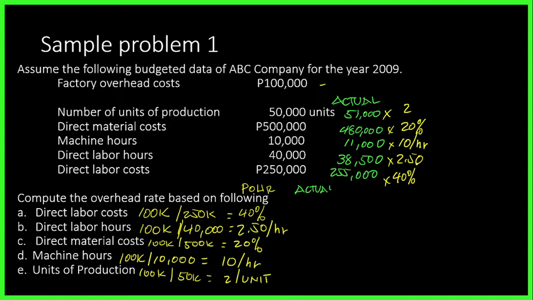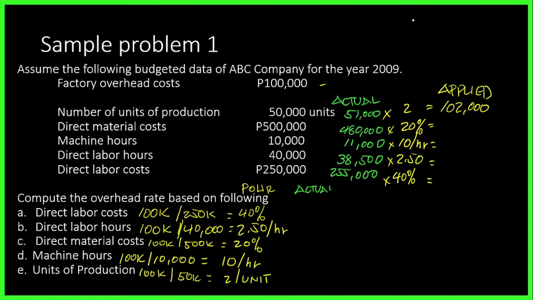Then you have 2.5 per hour, and then you now have 40%. Okay? So let's try to compute. What will now be 51,000 times 2? This will be 102,000. This is now your applied.